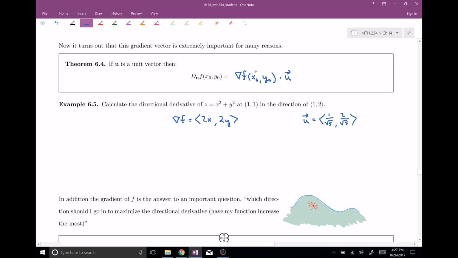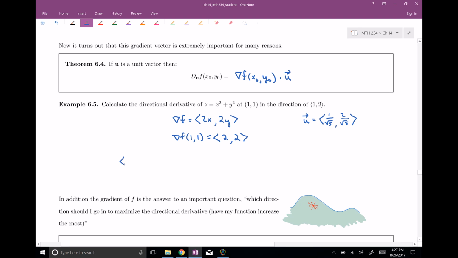And so we need the gradient evaluated at our point of interest. In this case, our point of interest is 1, 1. So the gradient evaluated at 1, 1. Everywhere I see an x, I plug in 1. Everywhere I see a y, I plug in 1. So that's going to be 2, comma 2. All right, according to this theorem up here, we take the dot product.